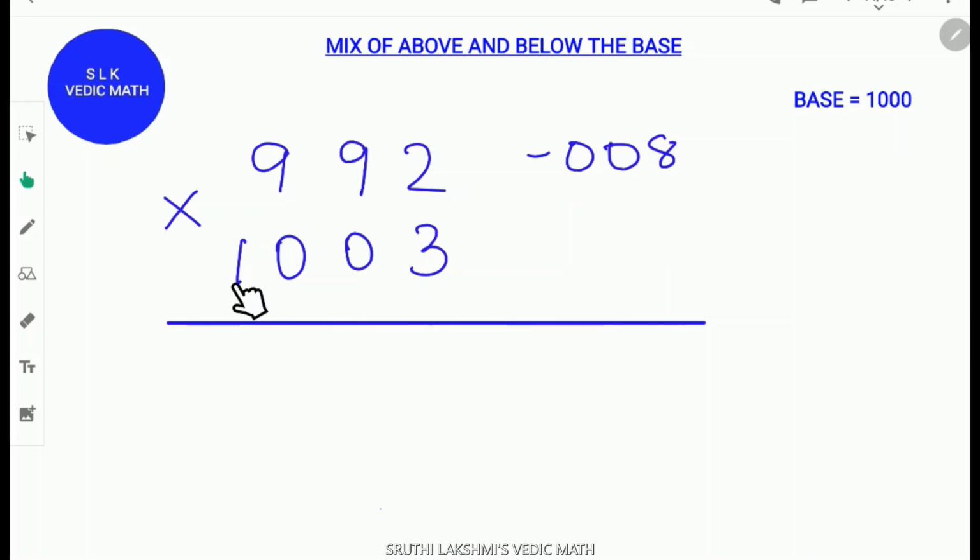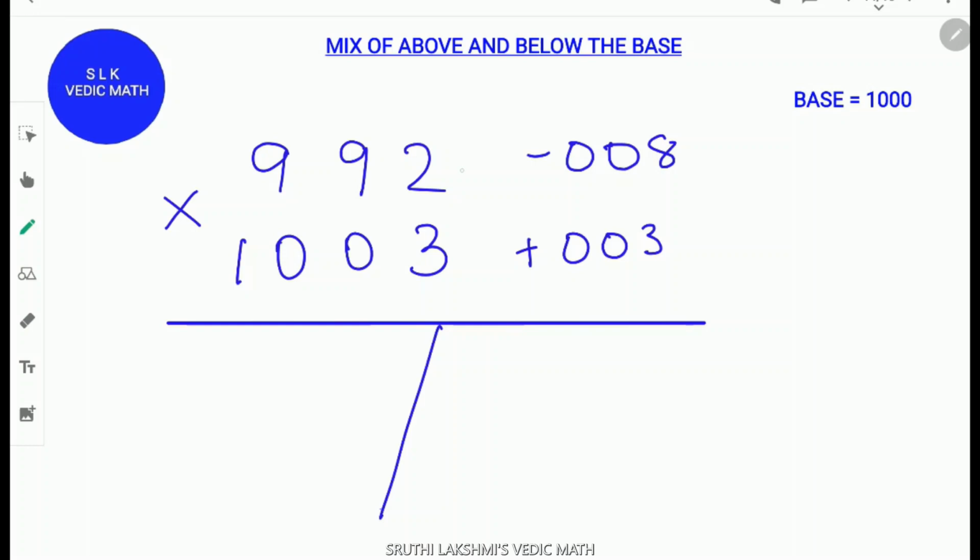Next we find the difference between the base 1000 and 1003, which is 3. We write 3 as plus 003. We put a plus sign to show that 1003 is greater than the base 1000, and we put 2 zeros in front of 3 because the base 1000 has 3 zeros. Next we put a slash.